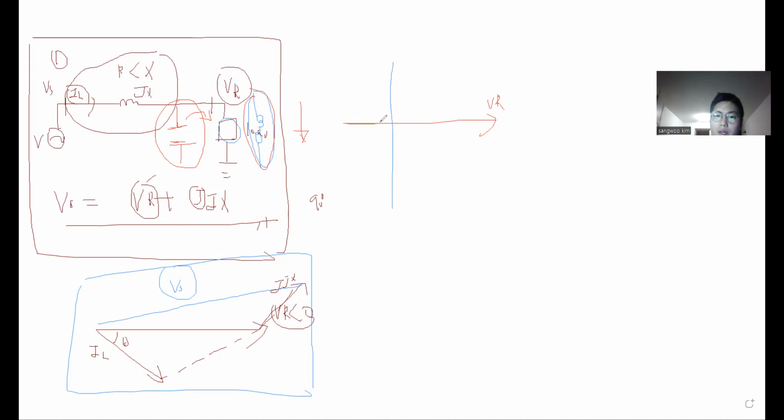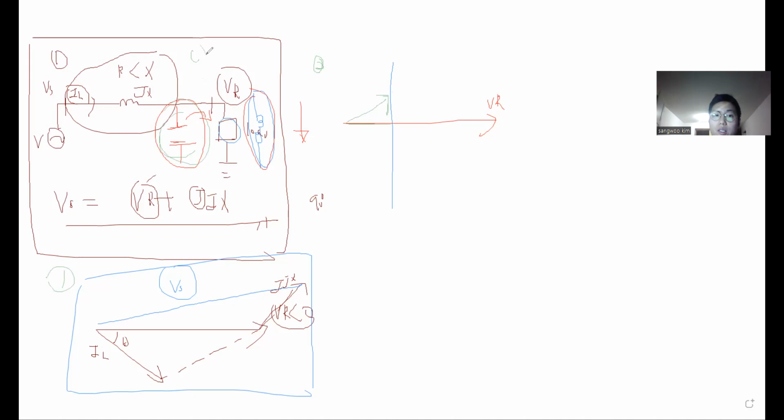This is daytime. This is nighttime. So our current is going to be like this because there's lots of capacitance compared to the load.